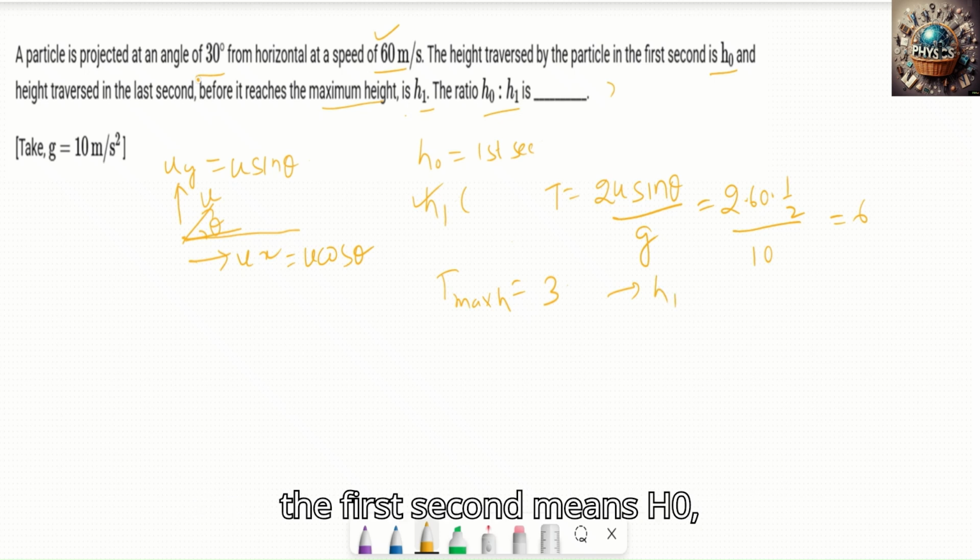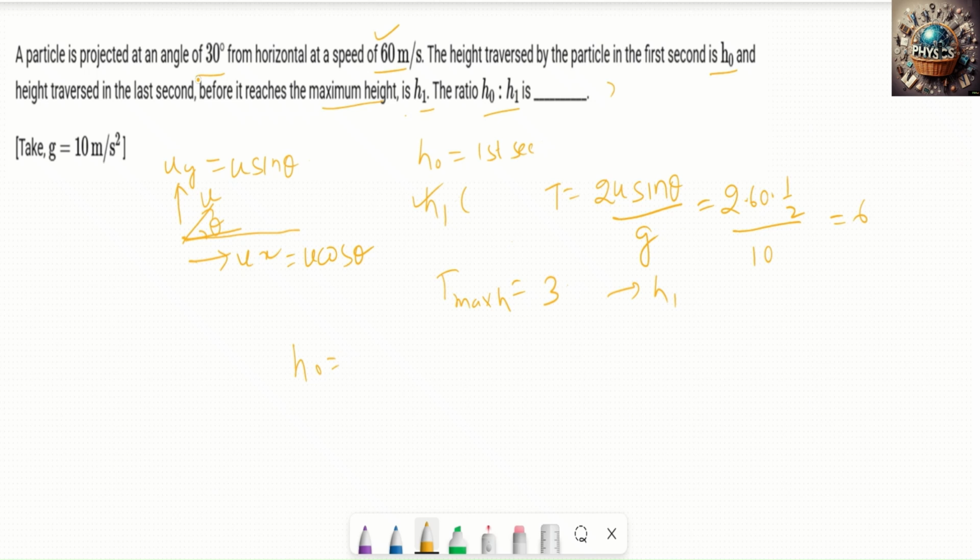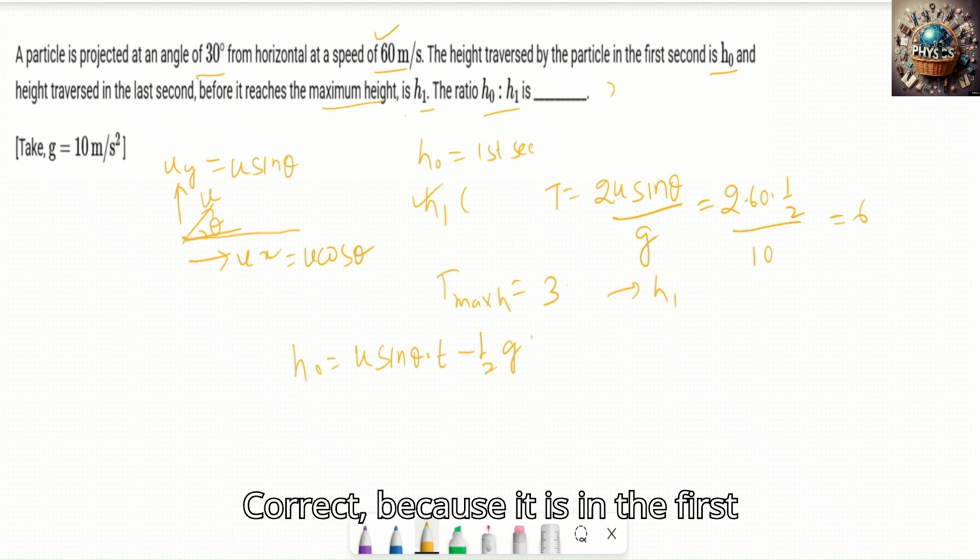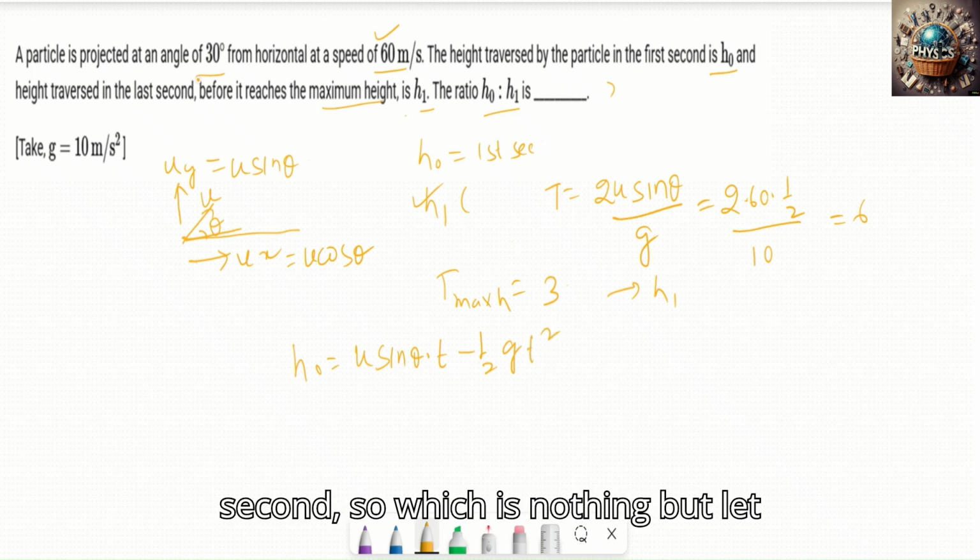And in the first second, for h0, we can simply say u sin theta into t minus 1 by 2 g t square, correct? Because it is in the first second.